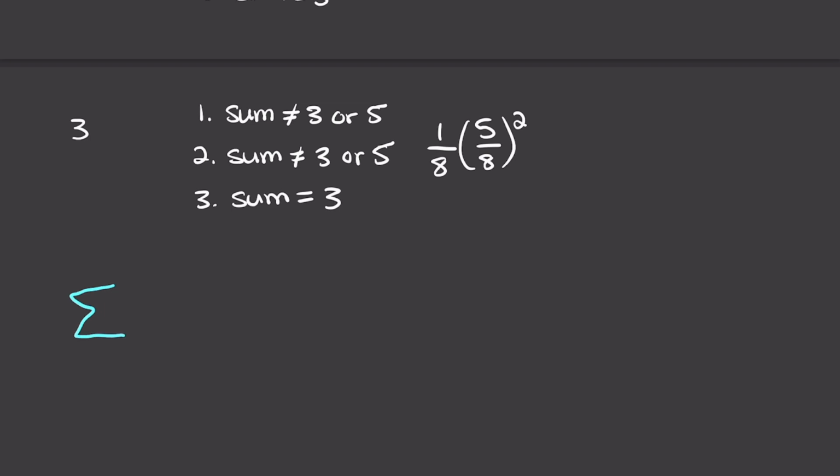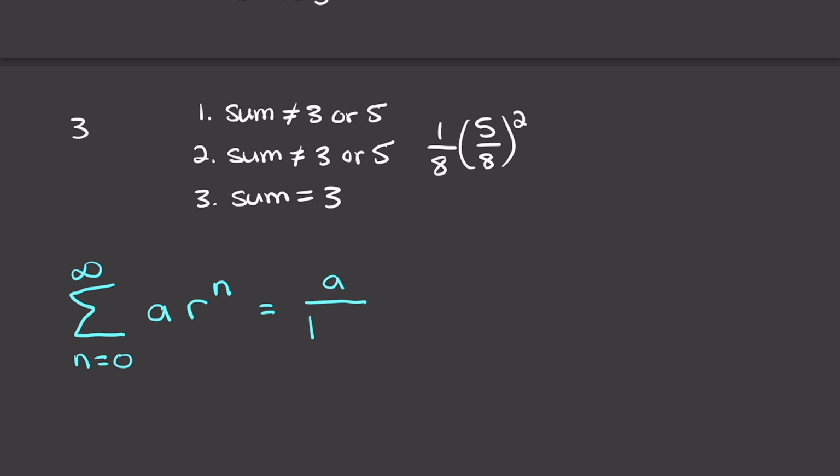We have the sum from n equals 0 to infinity of some constant a times some ratio r raised to the nth power, and assuming that the absolute value of r is less than 1, this equals a divided by 1 minus r.